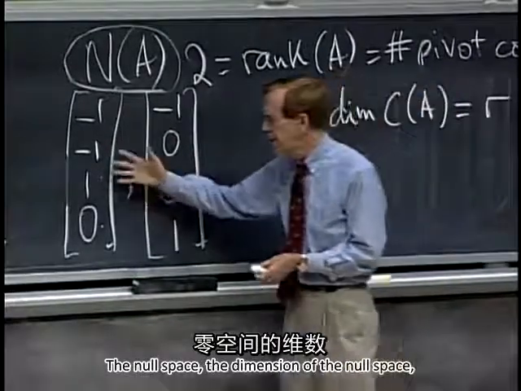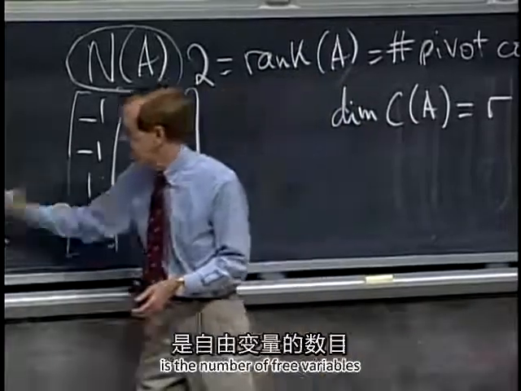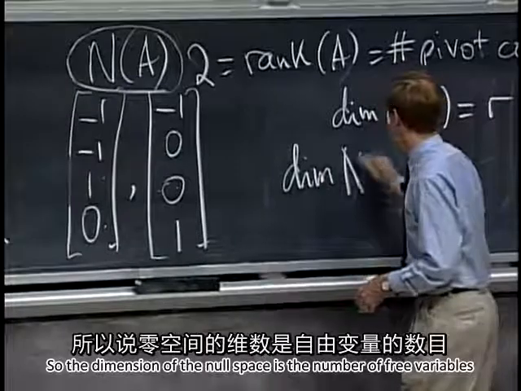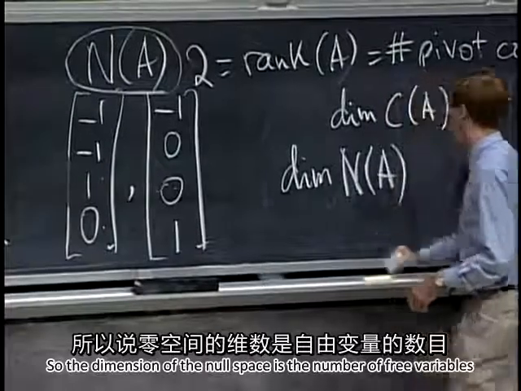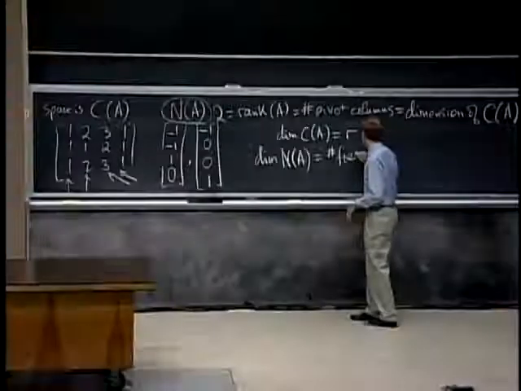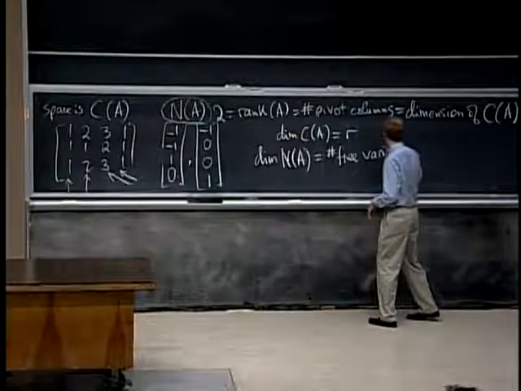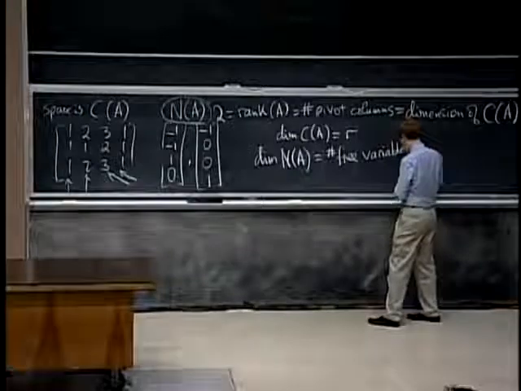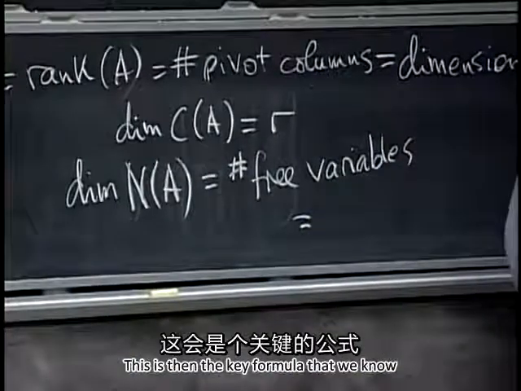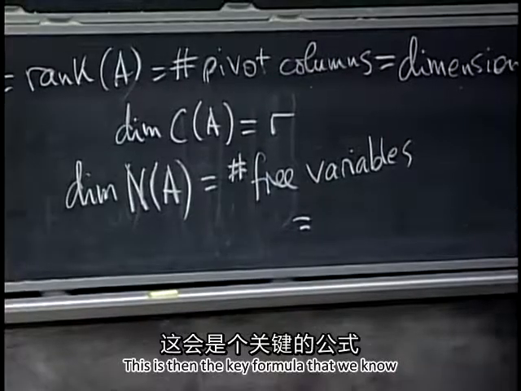The dimension of the null space is the number of free variables. And at the last second give me the formula. This is then the key formula that we know.